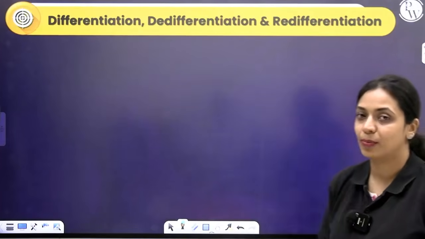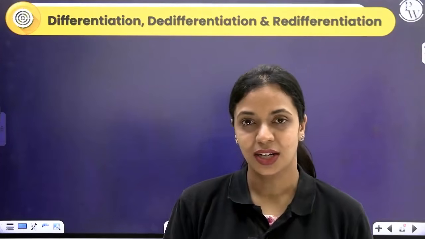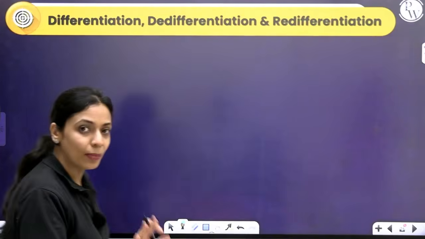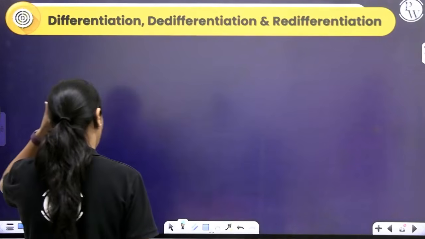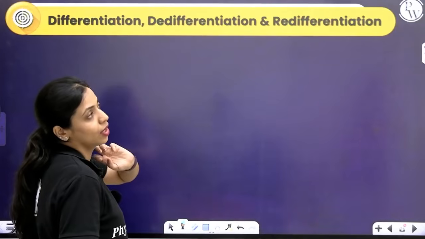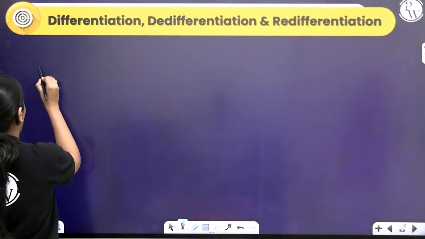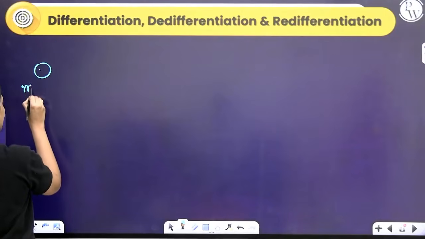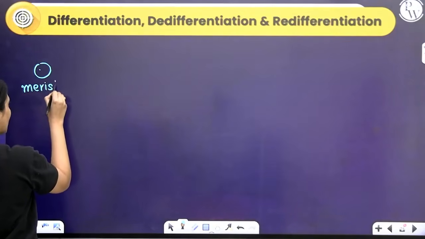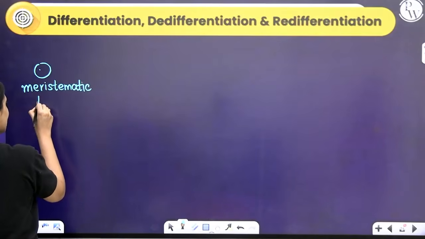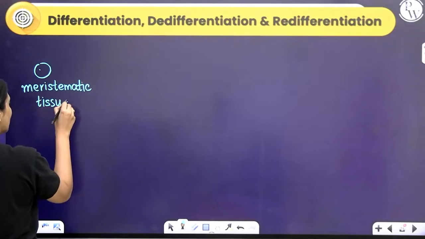Now let's talk about an important concept: differentiation, de-differentiation, re-differentiation. You might already know what is differentiation. I've told you about this in the chapter Anatomy of Flowering Plants. I've told you about this today as well. So you have meristematic cells. Let's write meristematic tissue.